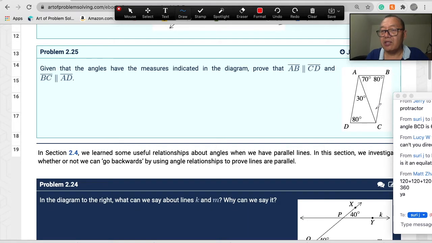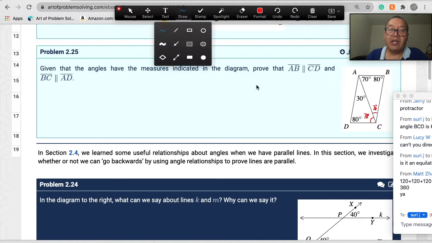So that means this angle will equal 30 degrees, right? Then we also can get this angle in triangle ADC. This angle will equal 70 degrees, right? 70 degrees.